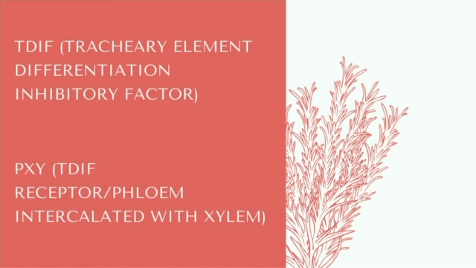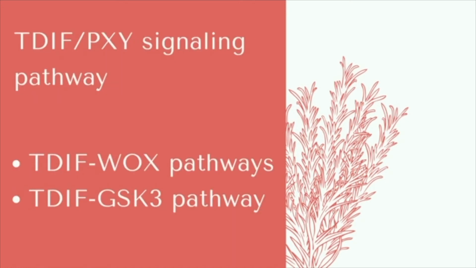The maintenance of the procambial and cambial cells, which are often referred to as the vascular stem cells, allows for indeterminate plant growth. WOX4, a Wuschel-related gene, promotes proliferation of procambial and cambial cells in the TDIF/PXY signaling pathway. Glycogen synthase kinase 3 proteins, GSK3s, act downstream of the TDIF/PXY signaling pathway.